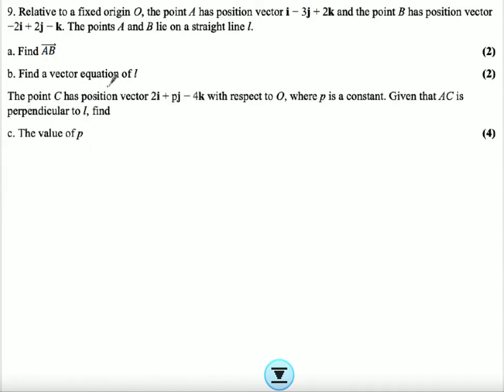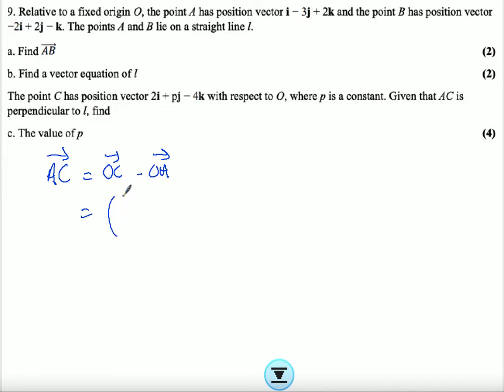Okay, so the point C has position vector with P as a constant, given that AC is perpendicular to L. Okay, so it's perpendicular lines in 3D vectors. Doesn't get asked very often, this, so I won't worry too much about it. So firstly, we can work out what AC is. So that's OC subtract OA, using our knowledge of position vectors.